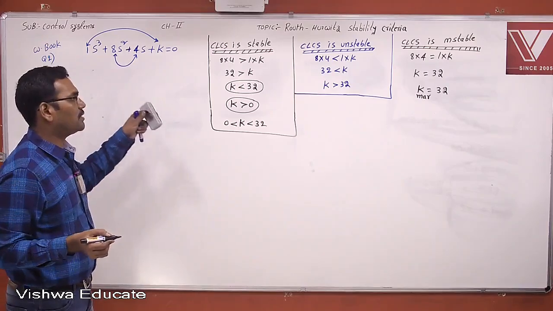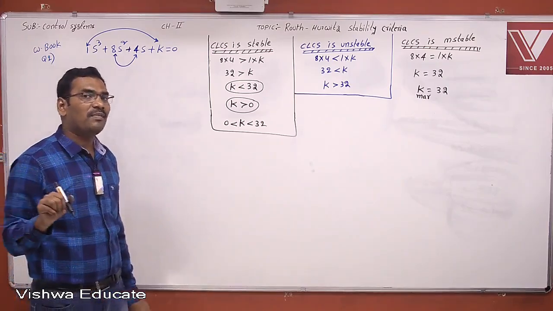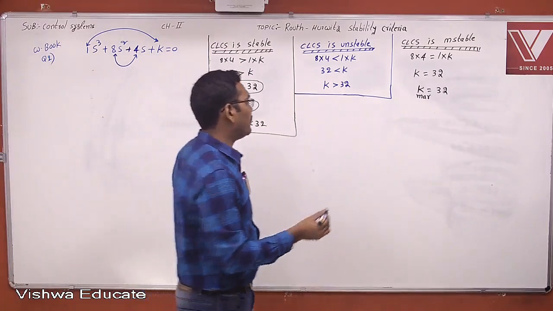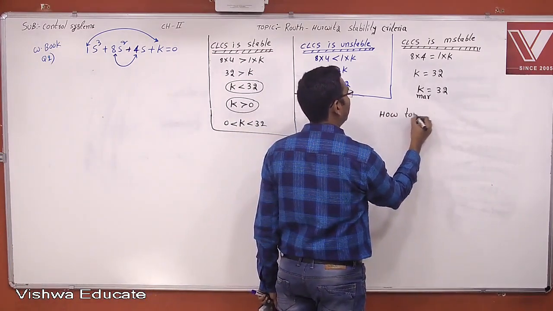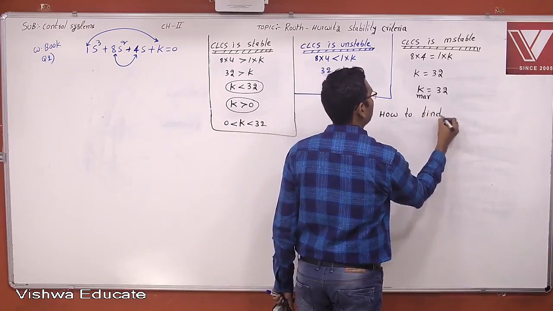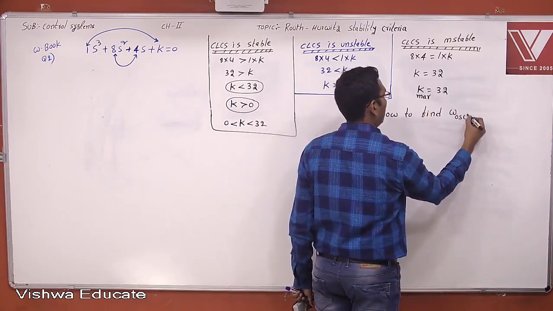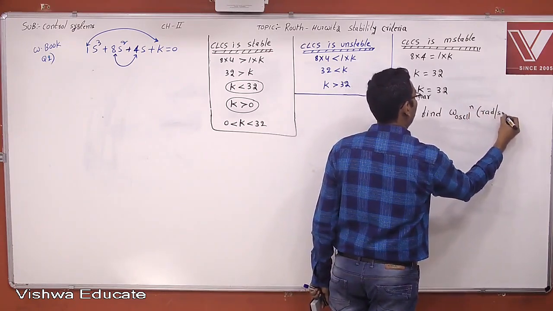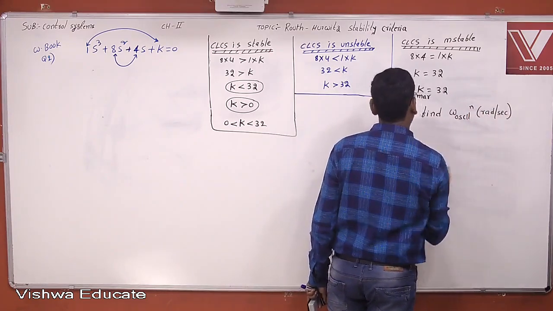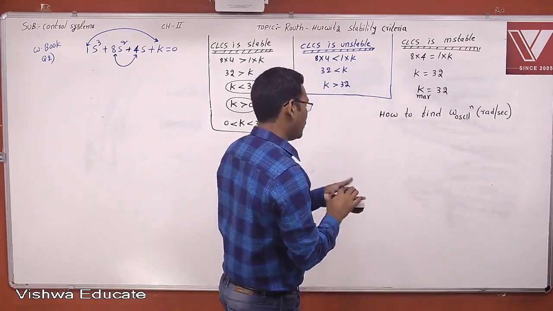Now, if the system is marginally stable, how to find the frequency of oscillations in the shortcut method? In a shortcut manner, you can find the frequency of oscillations with this particular procedure.